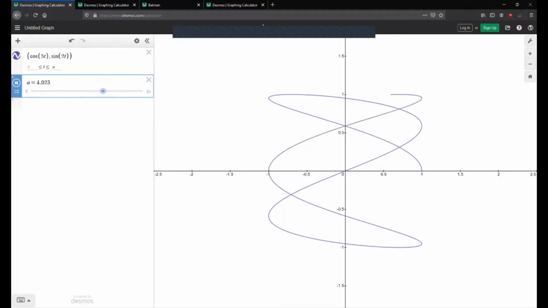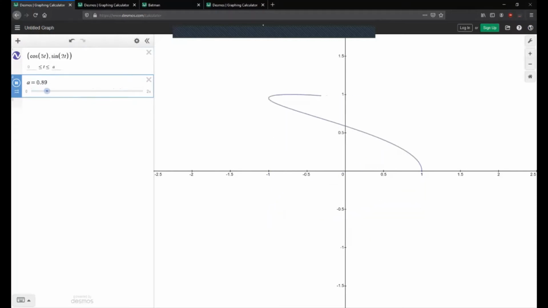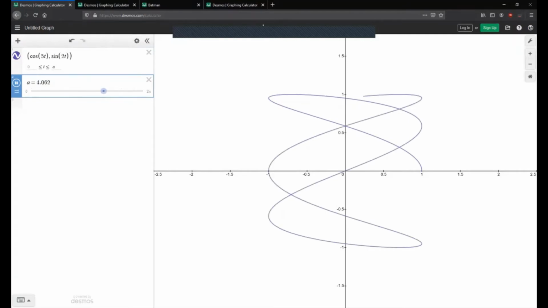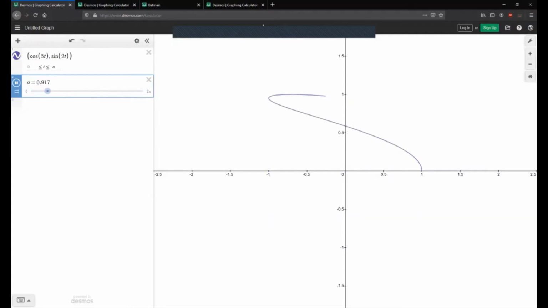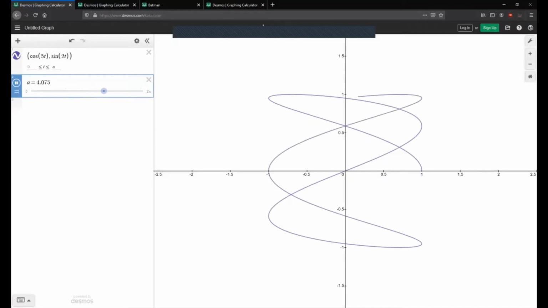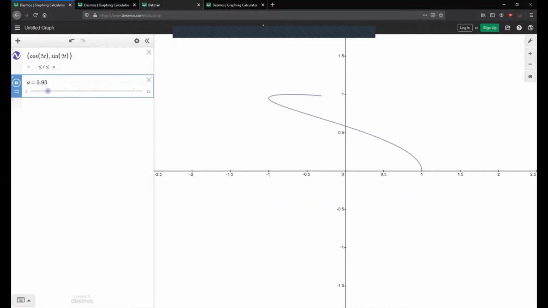This, again, is a curve that I would not want to break up into smaller pieces to do my calculus on. But instead, I know that I don't have to. I already have a formula that governs this curve.